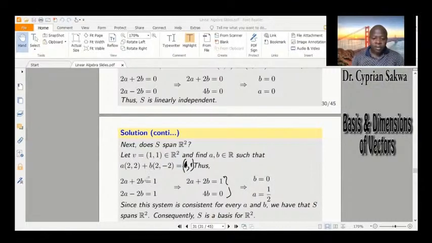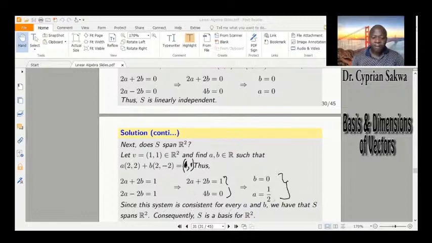Since this system has solutions, it means that S spans R2. Remember that if there had been no solution, then S would not be a spanning set of R2. But since it has solutions, A exists and B exists, such that this can be obtained.